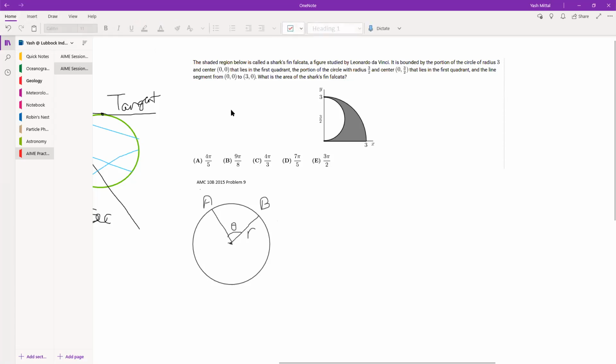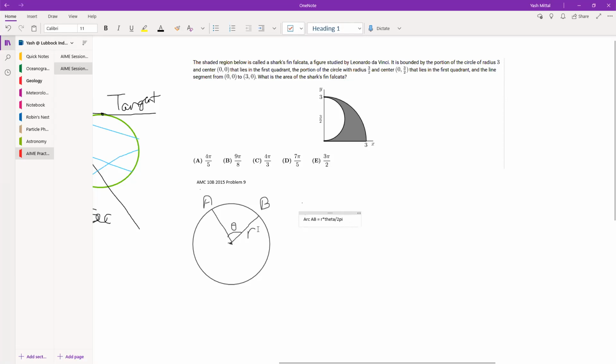One important thing we can talk about is some really important equations when it comes to sectors. So arc AB is equal to r times theta over 2 pi.